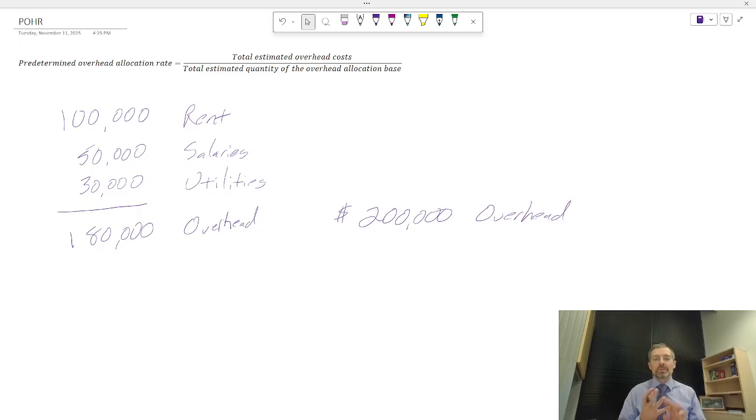The two most common allocation bases are direct labor hours, like how many hours do we think we're going to spend building tables, or machine hours. For example, if our tables were built by machines and not hand built by people, we might say, well, how many hours is our machine going to be running?